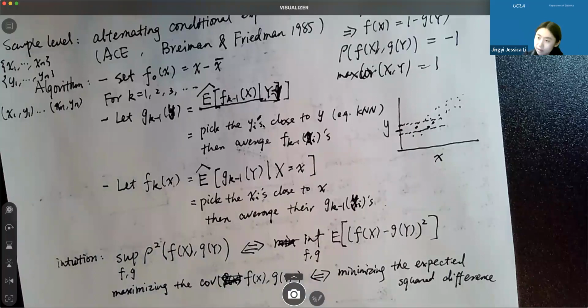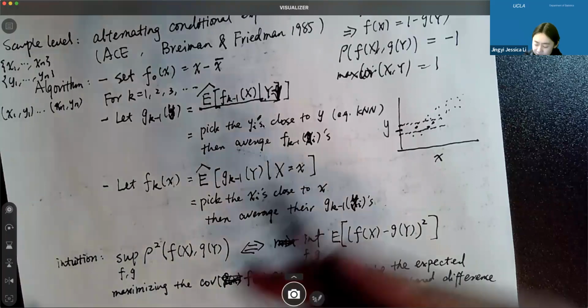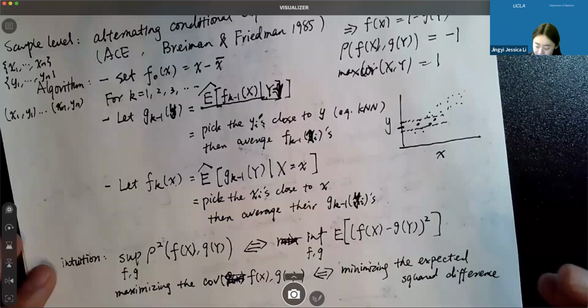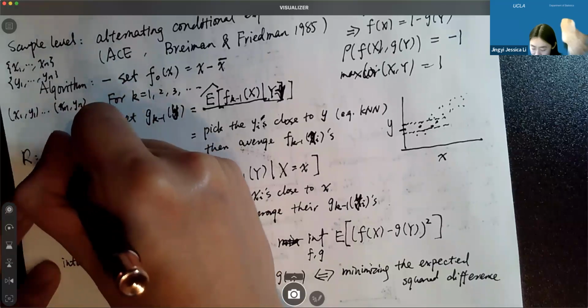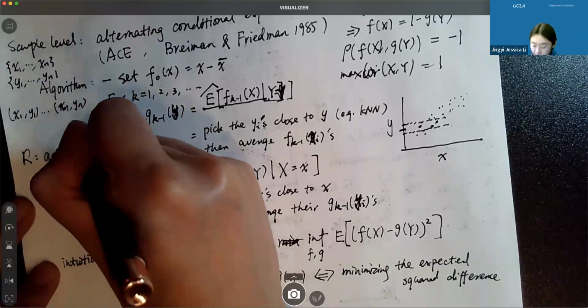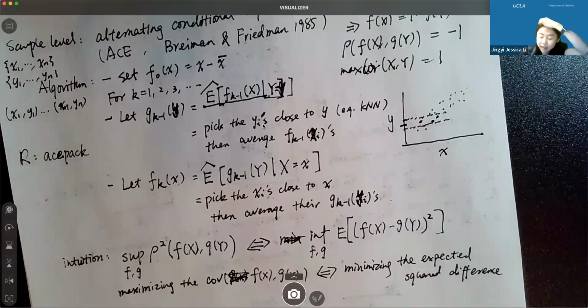Okay, so I want to say maximal correlation is a very nice thing to try. There's an R package for doing this called ACEPack. I used it myself and it's very interesting and very easy to use. It provides the function to compute maximal correlation using this algorithm.